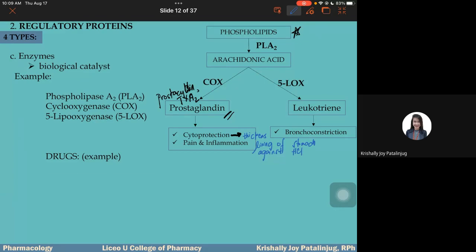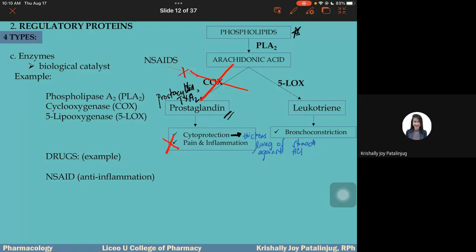So one example of a class of drugs with anti-inflammatory effect are the NSAIDs. NSAIDs target or inhibit the enzyme cyclooxygenase. So you have there in the illustration the NSAID inhibits COX, therefore inhibiting inflammation.